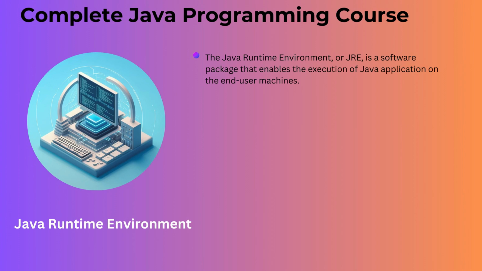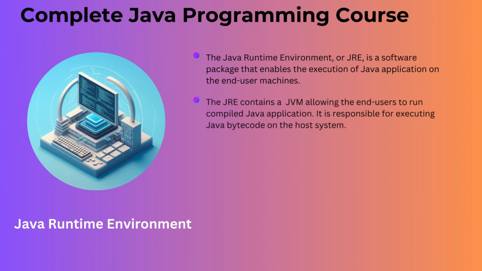Now the JDK is mainly for development purposes, but the JRE is for the end user, in order for the end user to be able to run the application. So the JDK comes with the JRE and the compiler, while the JRE does not have the compiler inside of it. Now, looking at the second point, the JRE contains a JVM, allowing the end user to run the compiled Java application.